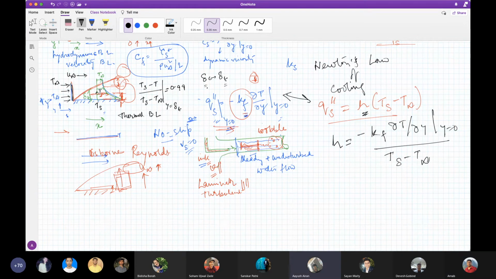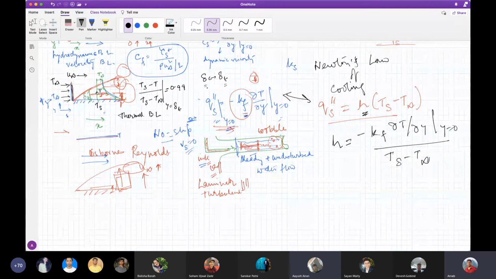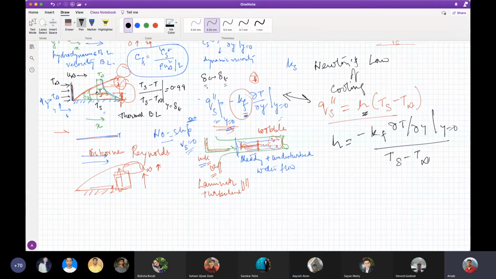Because the temperature gradient is due to the molecular diffusion, and that molecular diffusion is also related to the velocity gradient. Absolutely, because if there is a static fluid pool, there is no velocity gradient, no bulk movement, and so no development of the velocity boundary layer.